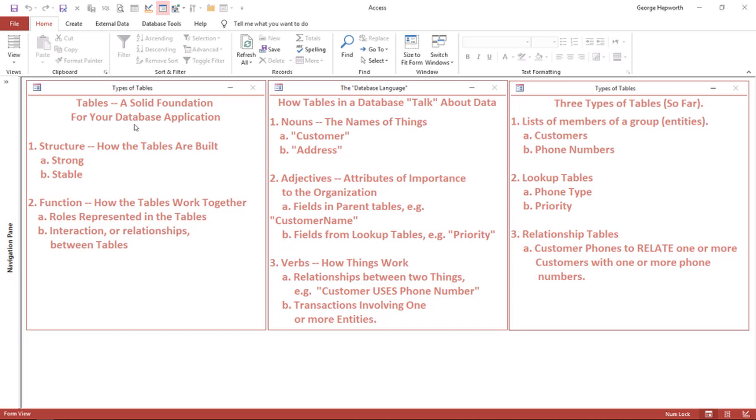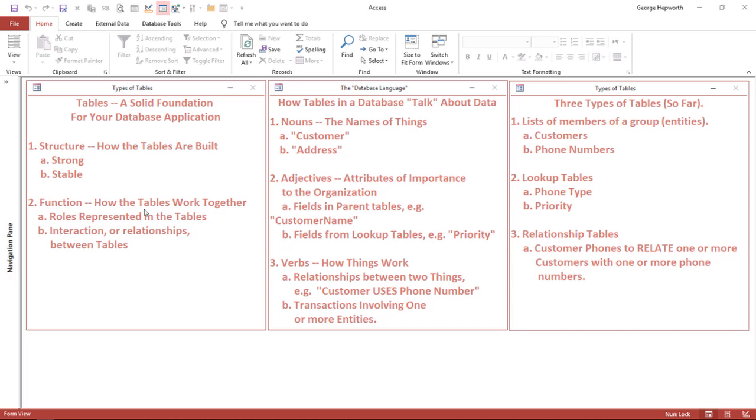We talked about how a good table design provides a strong, stable structure, foundation for your database. Stable meaning you don't change the way tables are designed very often. Strong meaning they are capable of supporting all of the data needs that you have, or all the ways you need to store and track data are easily accommodated by your structure.